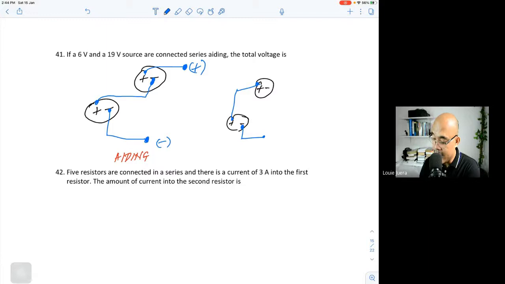Let me draw this one. So this one is for aiding. And the other configuration, the opposing: the negative is connected here, and then the positive, instead of connecting to the negative, was connected to the positive, and the negative here is connected here. So in this case, this configuration is opposing. The output voltage of the two will be different.